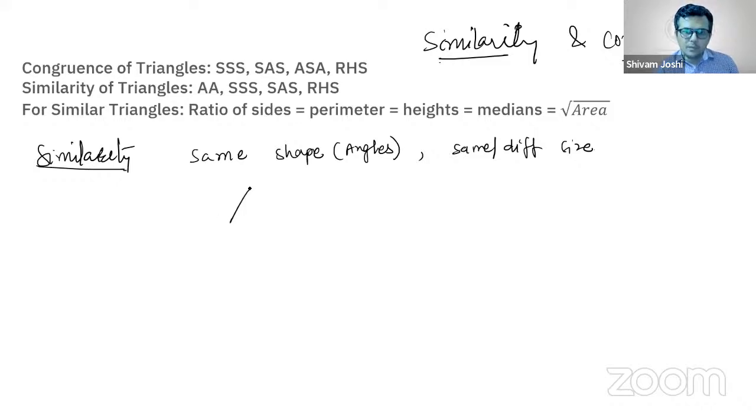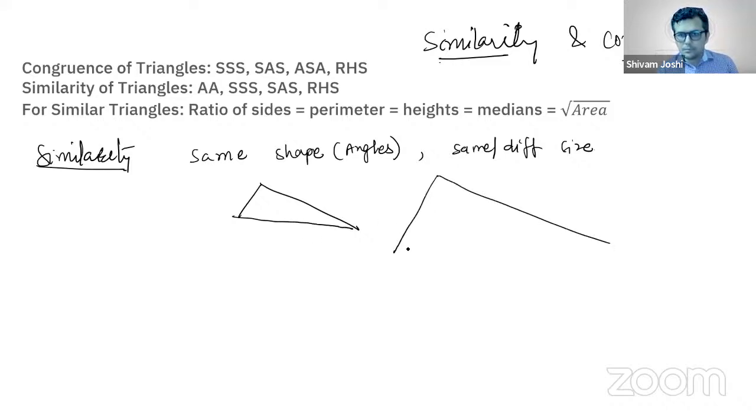So if you have two triangles, and if it is given that this angle is 50, this angle is 50, this is 30, this is 30, right?